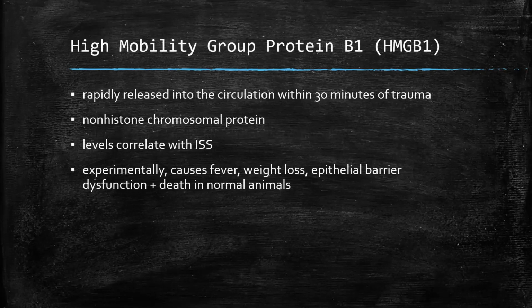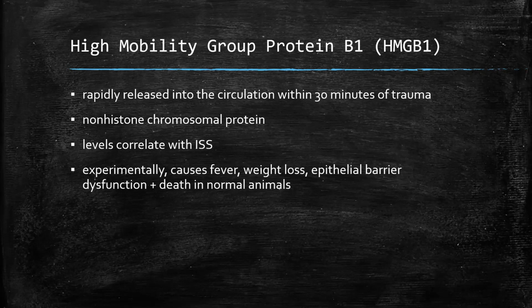I'll talk for a quick second about a couple of these, because there's a reasonable amount of research going into them. There's something called high mobility group protein B1 that can be measured, and it's known to be rapidly released into the circulation very shortly after a trauma. It's a non-histone chromosomal protein, so it belongs in the nucleus of the cell, not in the local environment.